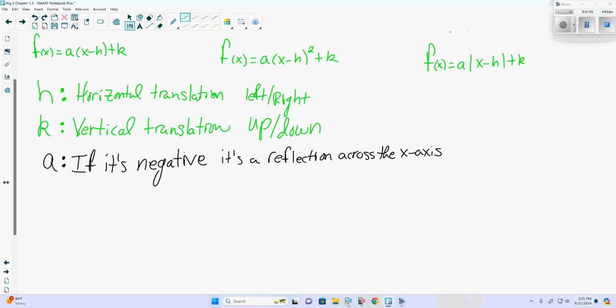Nope, that's just, there is no reflection. So if the A value is positive, there is no reflection. If A was positive 2, the 2 does not attach itself to reflection. That's vertical stretch or shrink. It's something else. But if that A is negative, then it's a reflection across the x-axis.